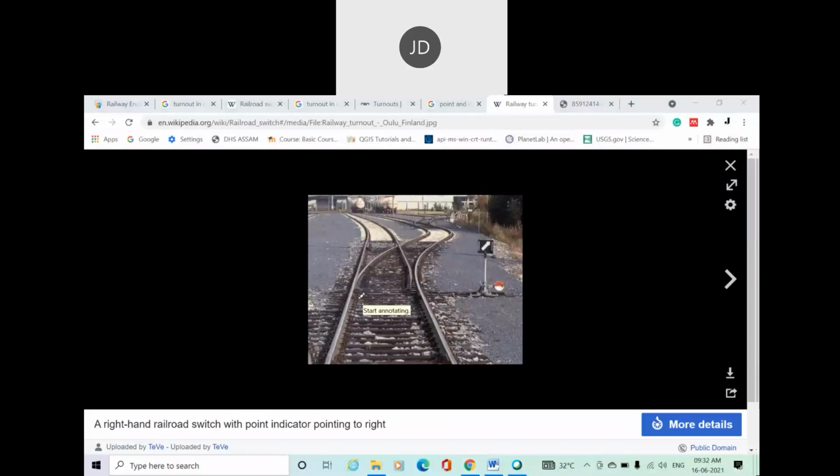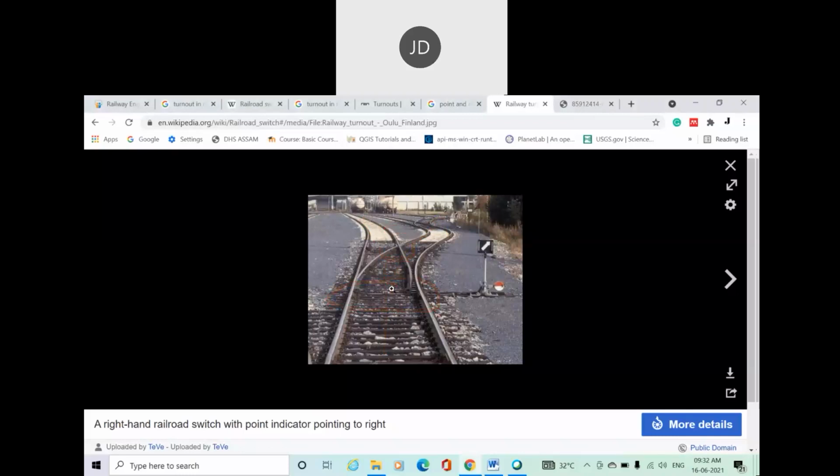This is a straight track. Suppose this is the original railway track. Now there is a provision for the train to divert its direction from this original railway track in this direction. Clear? So basically, this section is known as the point, and this section is known as the crossing.